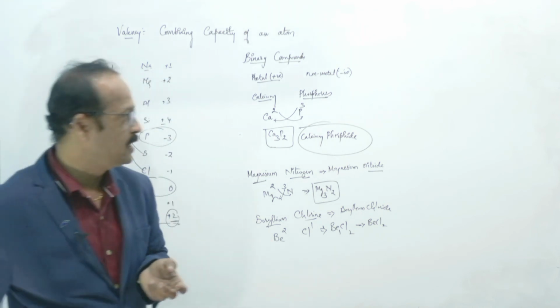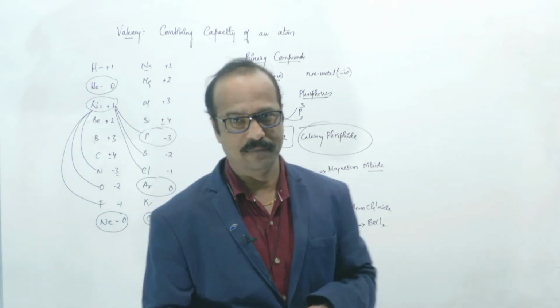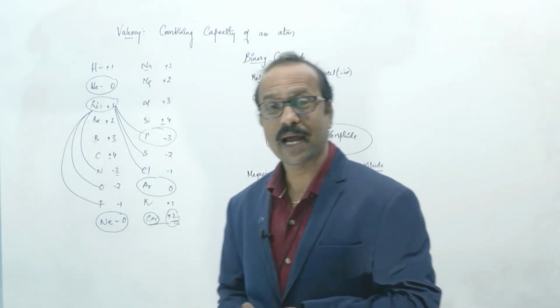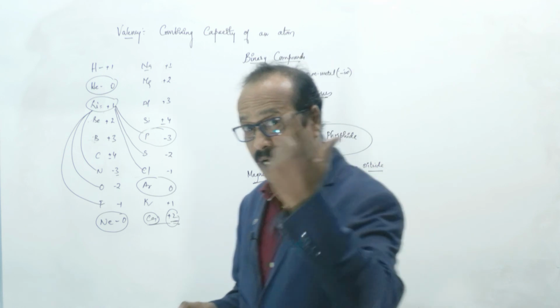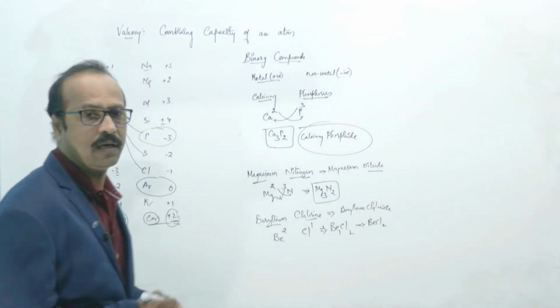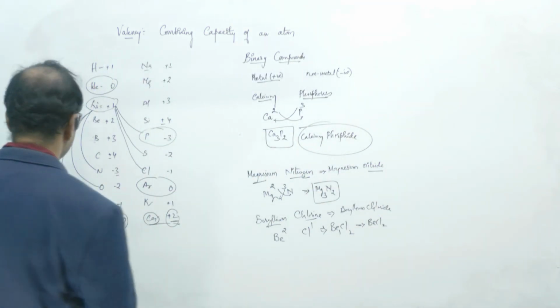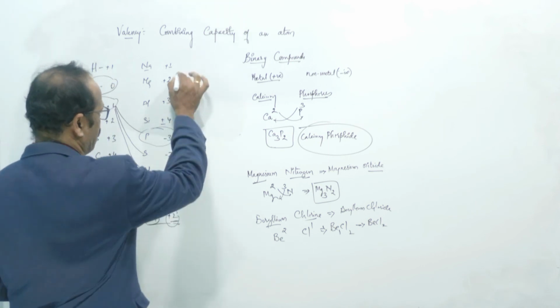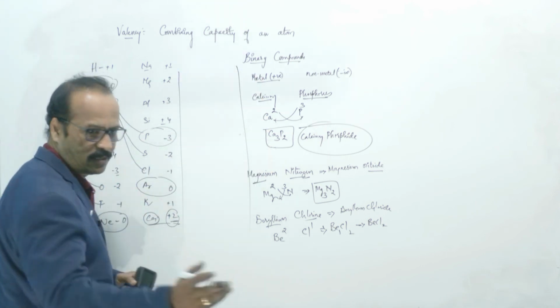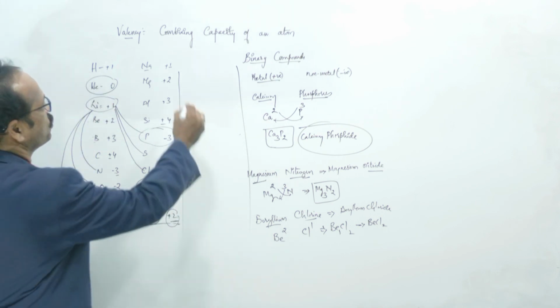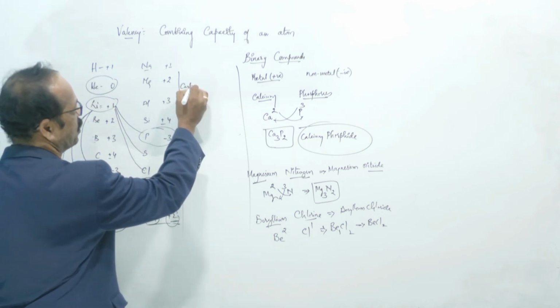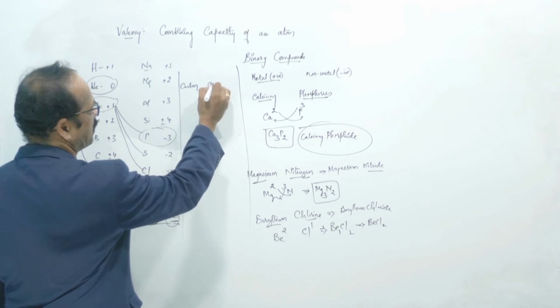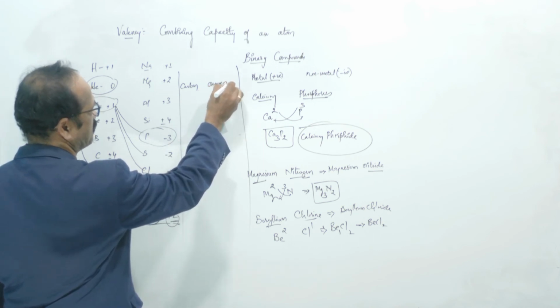For example, you see here, carbon is not a metal. But if carbon reacts with oxygen, what happens? If you burn the carbon with oxygen, what happens? Here I am writing exactly in the middle so that you can see very clearly. Carbon is not a metal, and if it reacts with oxygen, then what happens?